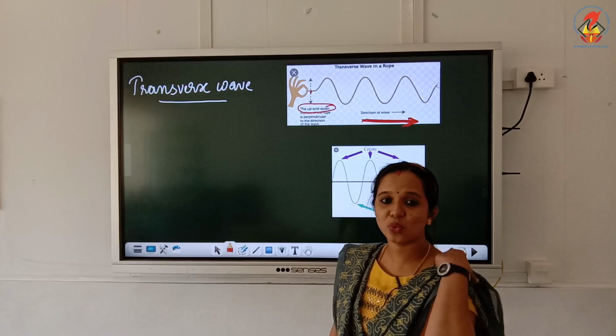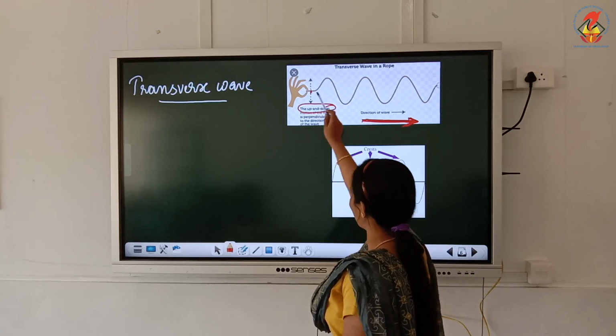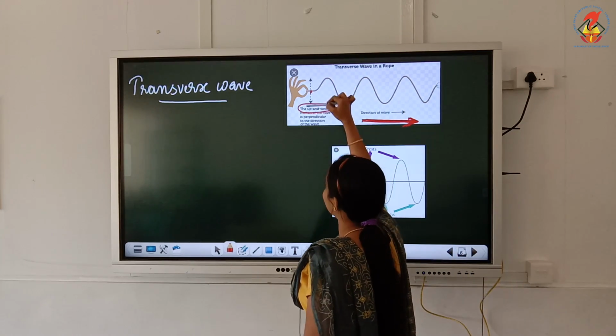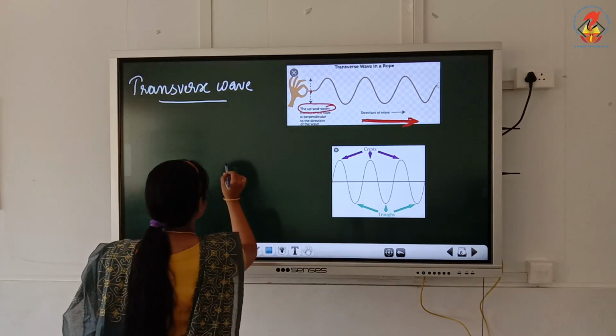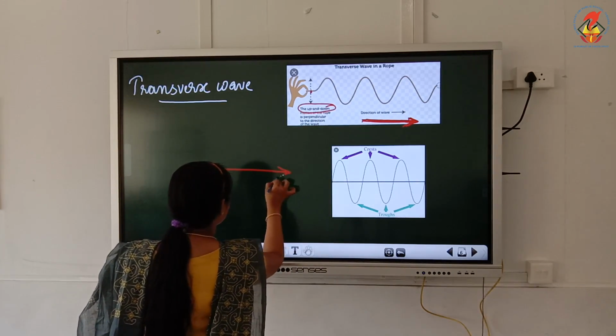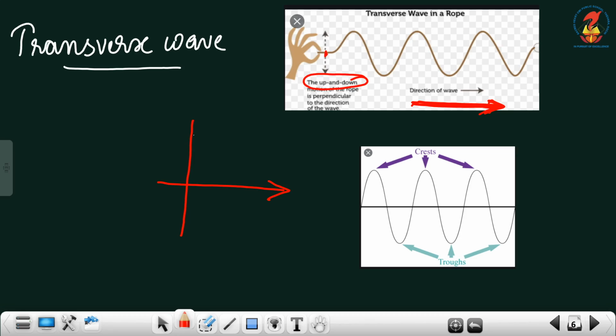The wave will pass from left to right, but the particle will vibrate up and down. That means in transverse wave, if direction of wave is this, the particle vibration will be in this direction, that is the direction of vibration of particle and the direction of wave are in perpendicular direction.